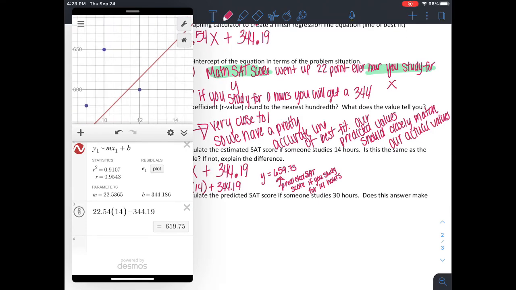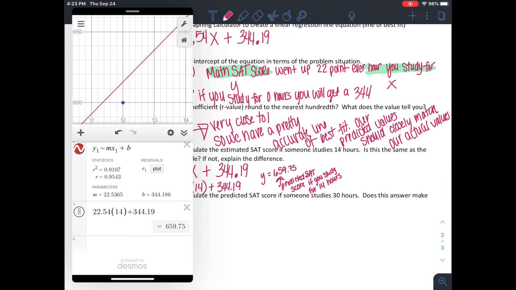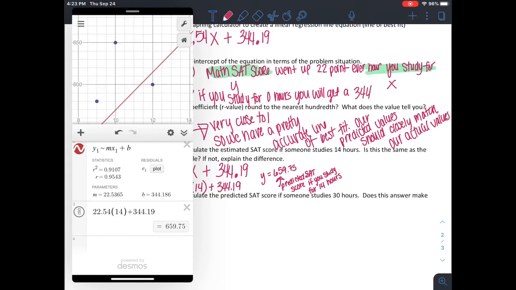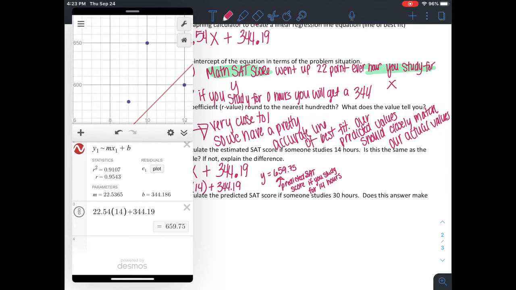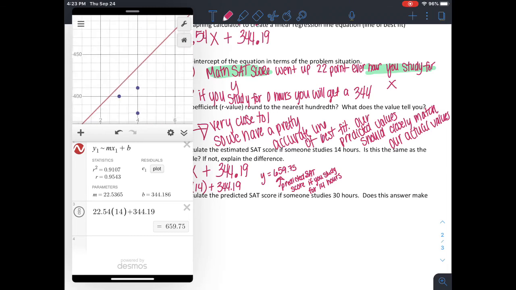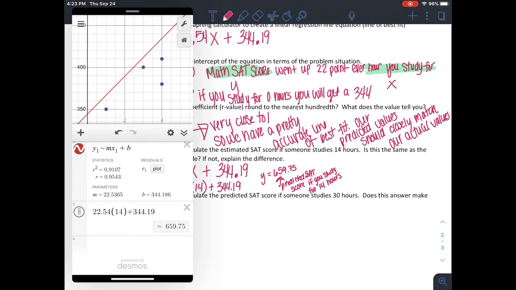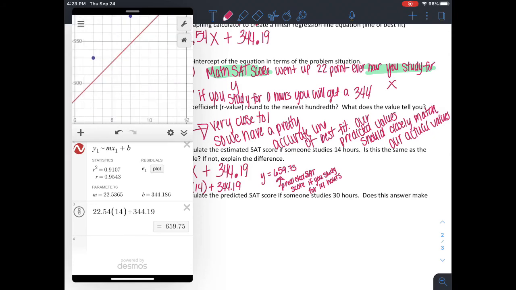And that's why it's so different. But if we look at some of our other points, so for 12, pretty close to the line. So that's pretty accurate. 10 hours studied, very far away from the line, not very accurate. 9 hours studied, pretty accurate. 7 hours. Some of these points are pretty close to the line of best fit. And that's all we had.